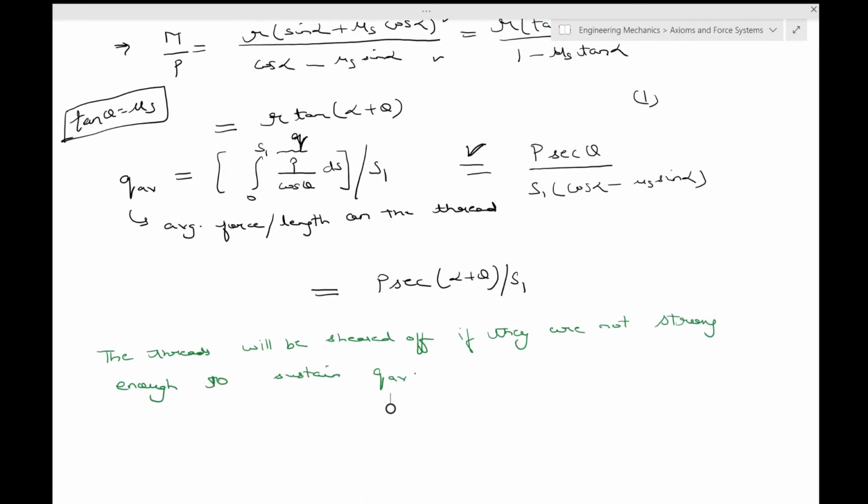Now you can see that Q average can be reduced by increasing S1.